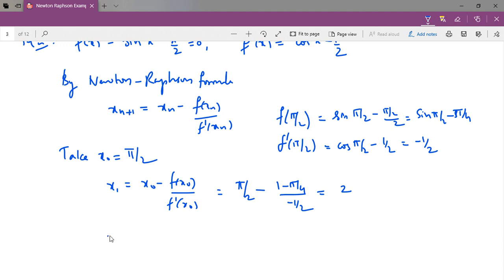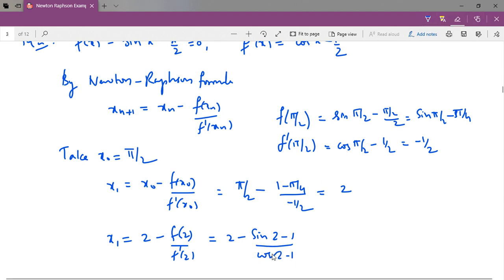Now let us go for the next iteration. x1 is 2 minus f of 2 divided by f dash of 2. So find out what is f of 2 and f dash of 2. Put the values here, then we get 2 minus (sin 2 minus 1) divided by (cos 2 minus 1), because in place of x we are taking 2. This gives you 1.9010.